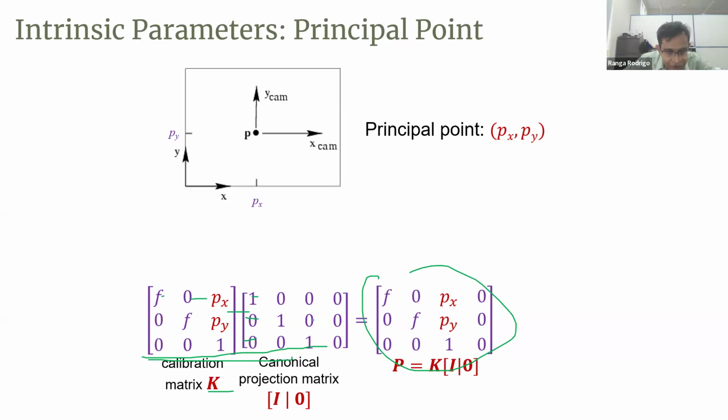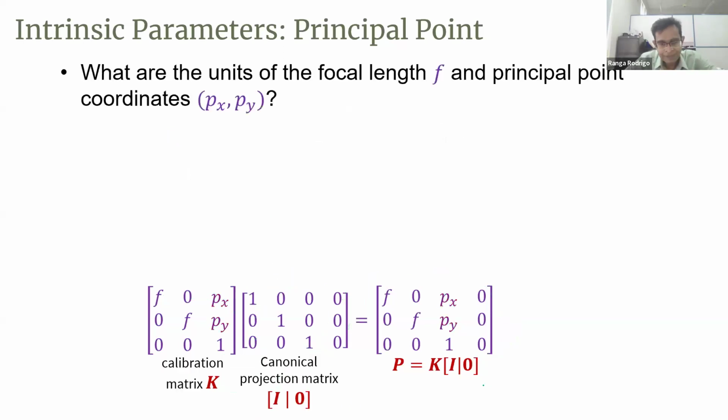This part is I, actually we call it I3 sometimes, the identity matrix. And this is the zero vector, which is 3 by 1. This one is a 3 by 3 matrix. So this P, as we saw before, is K I 0, what we have right now.